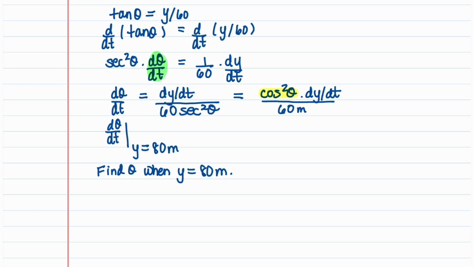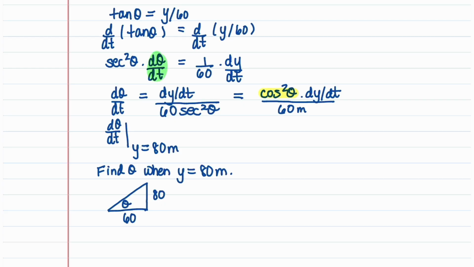I feel like this is the part that students always get confused with. Let's go ahead and draw our diagram again. We had a triangle. Here was our theta. This distance here was 60, and now we're told that this distance is 80. And we need to find cosine theta.